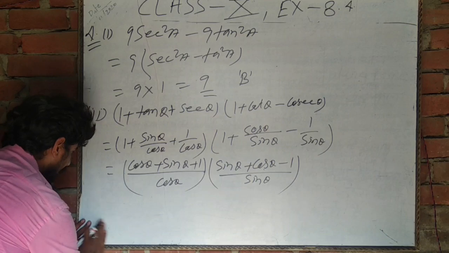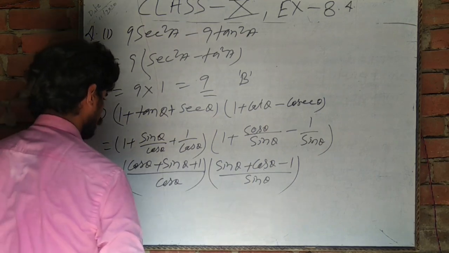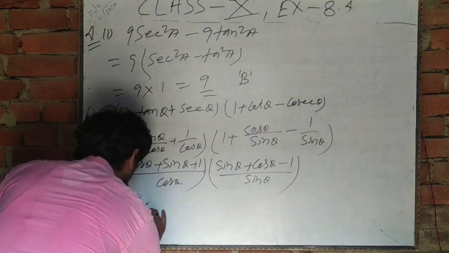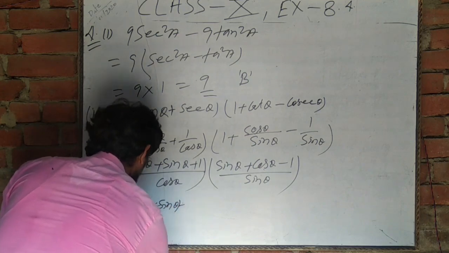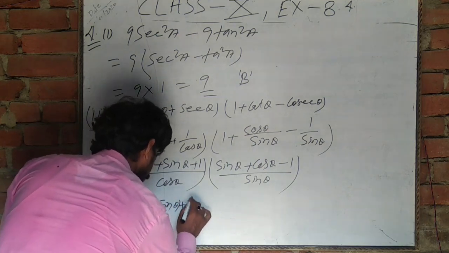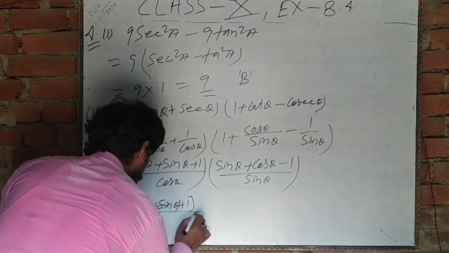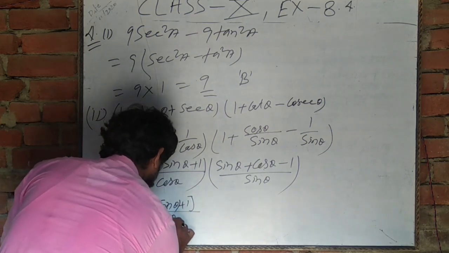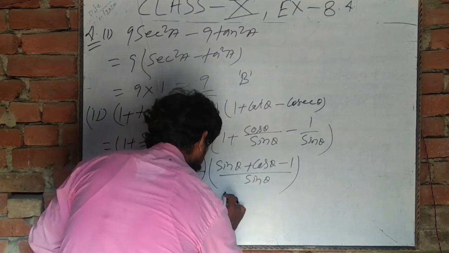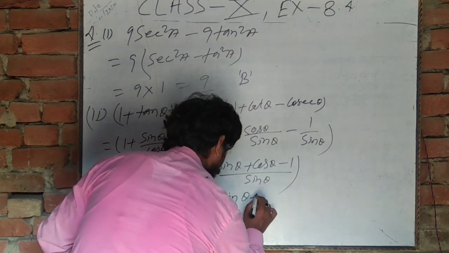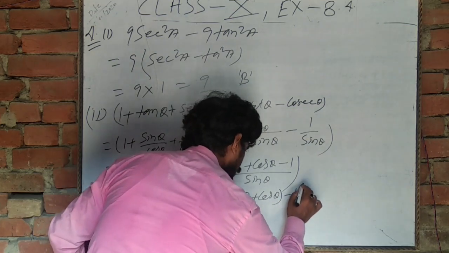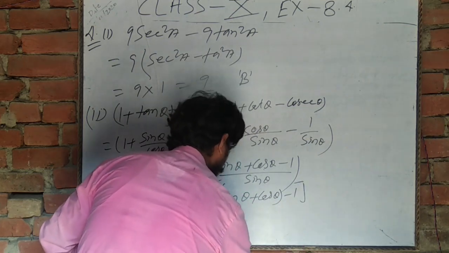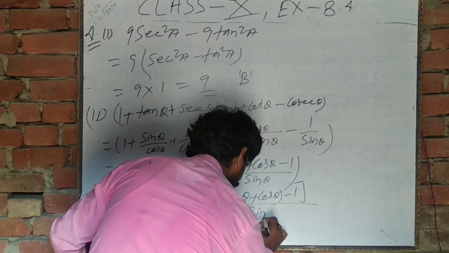Here again we will write cos theta plus sin theta plus 1 by cos theta into sin theta plus cos theta minus 1 by sin theta.